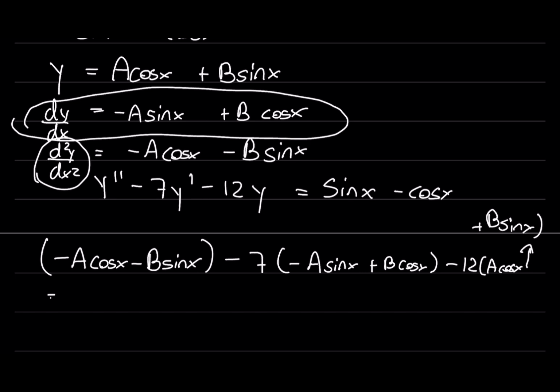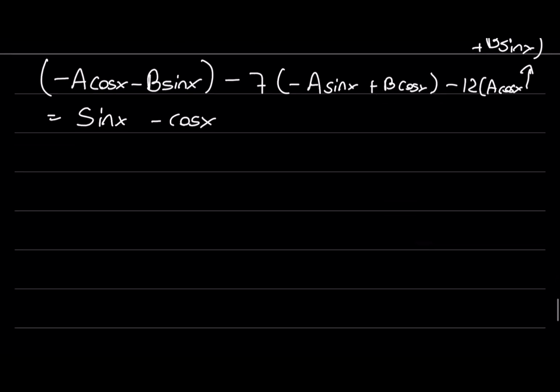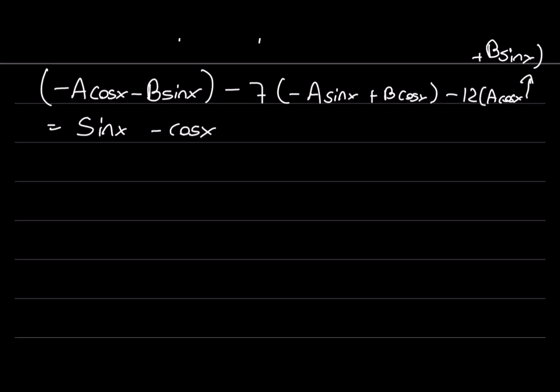And that should all be equal to sine x minus cos x. Okay. So now we really just have to expand the brackets, but yes, this gets really tedious, especially when it's weird like this. But anyways, let's go.